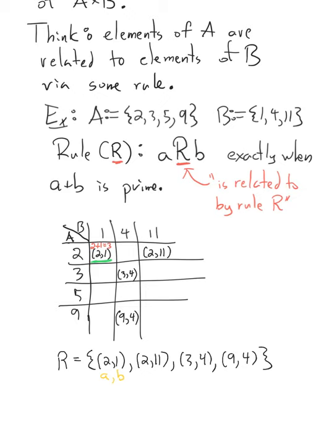That'll probably look a little bit better. So the first element is, of course, from A, and the second element is from B for all of these pairs. That's how A cross B works.